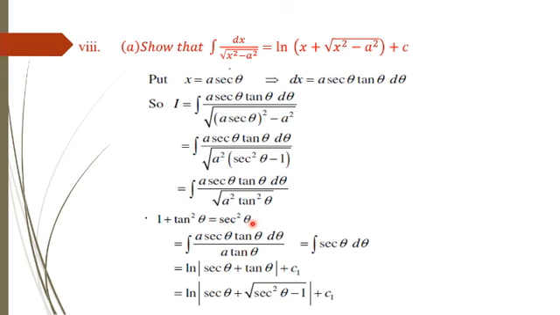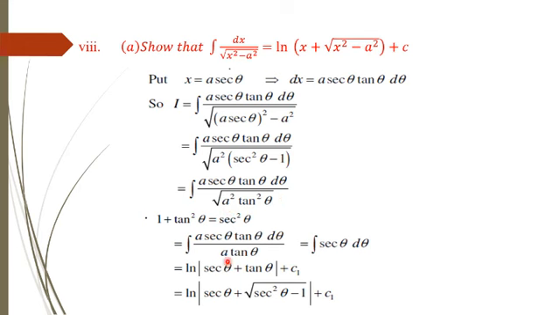This minus goes to the right hand side and will become negative 1. So secant square theta minus 1 can be replaced by tan square theta. Again, a square tan square theta can be written as a tan theta whole square, and that square cancels with the square root.